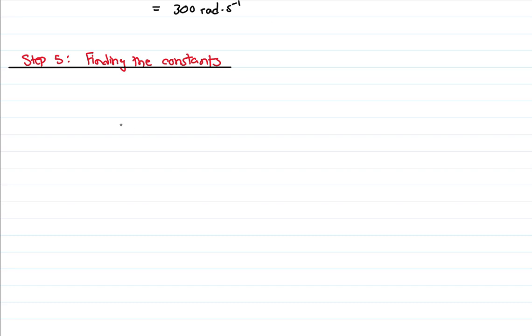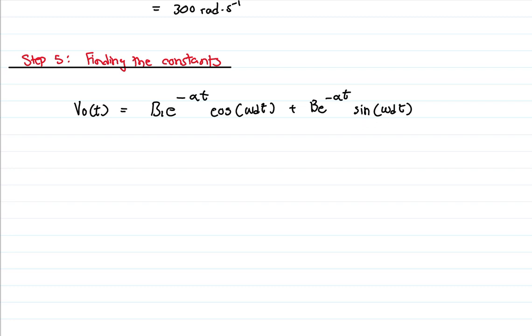Remember our equation for VO when t is greater than or equal to 0 is going to be B1 multiplied by e to the power of negative Neper frequency times t, times cosine of WD t, plus B2 e to the power of negative Neper frequency t, multiplied by sine of WD t.